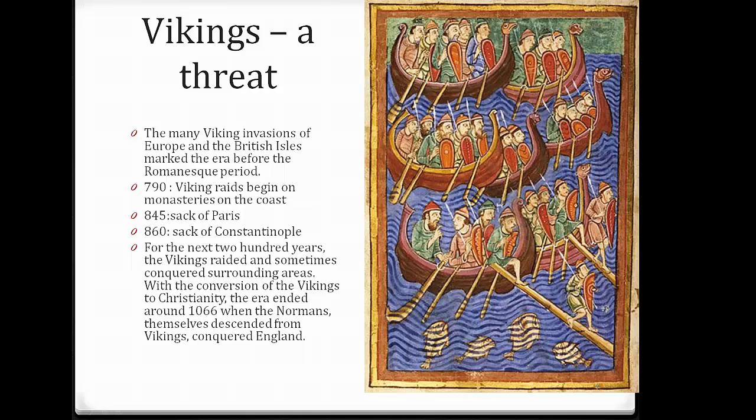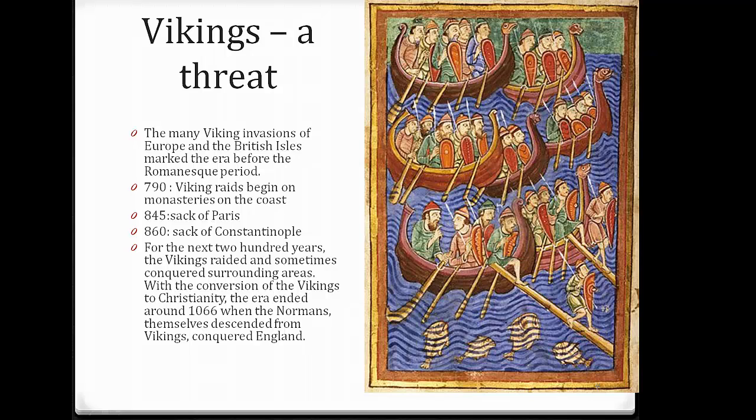The many Viking invasions of Europe and the British Isles marked the era before the Romanesque period. In 790, Viking raids began on the monasteries on the coast. In 845, they led to the sack of Paris, and in 860, the sack of Constantinople.